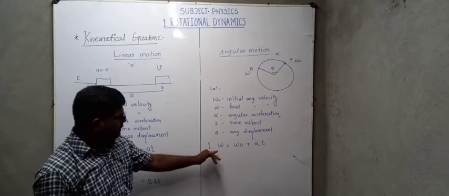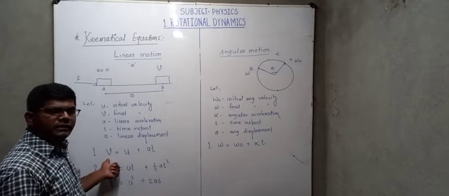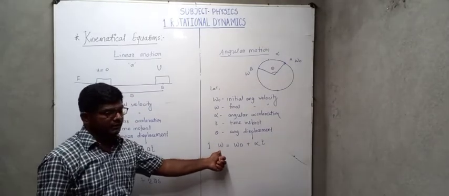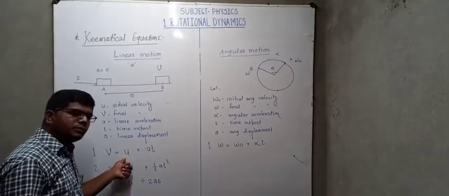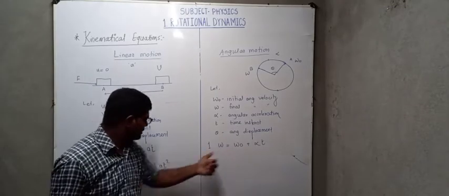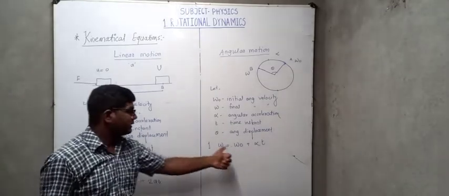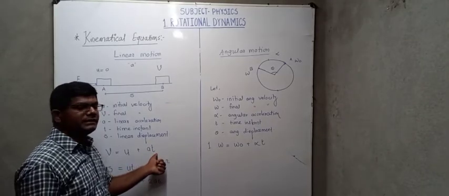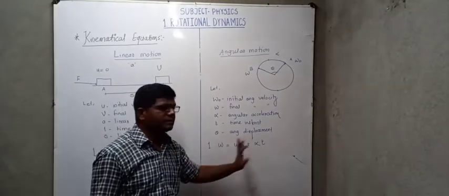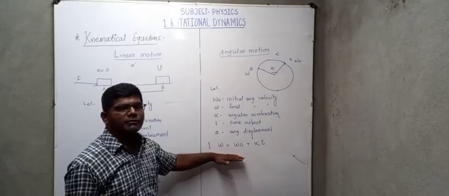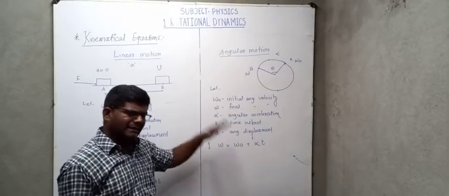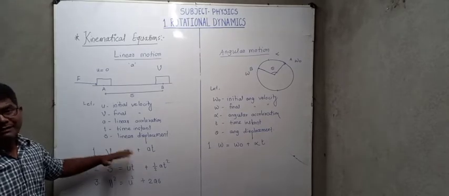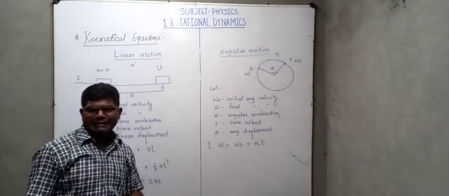See, here the final linear velocity v, here final angular velocity omega, here u, here omega 0, initial linear velocity, here initial angular velocity, plus here a into t, here alpha into t. That means the first kinematic equation for angular motion is exactly analogous to the first kinematic equation for linear motion, and similarly the second one and third one.